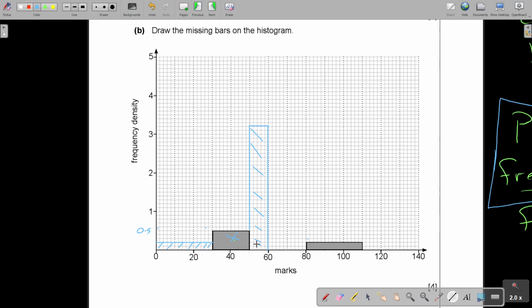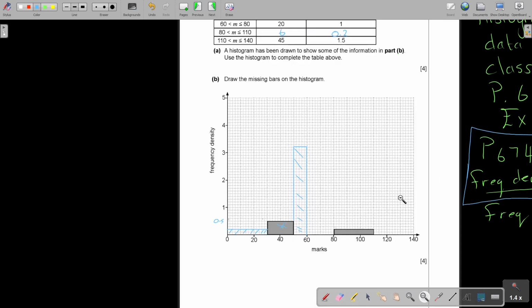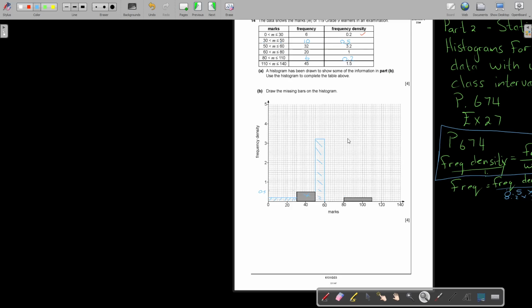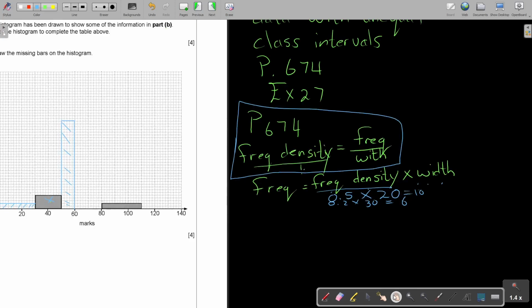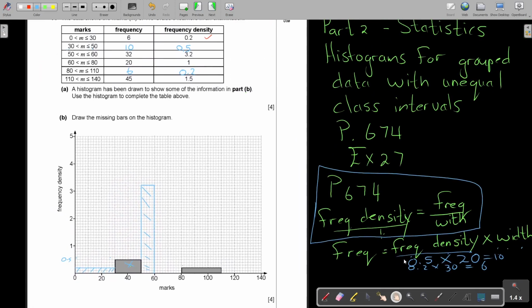And then the next one, it's 1 and 20. So I'm going to show you again. I'm busy drawing this one now. It's 60 to 80, 1 and 20.